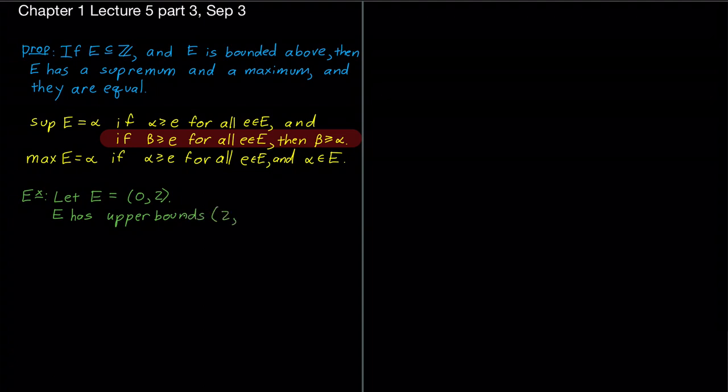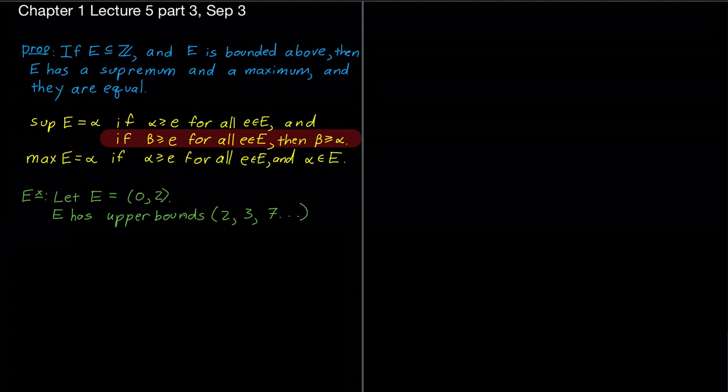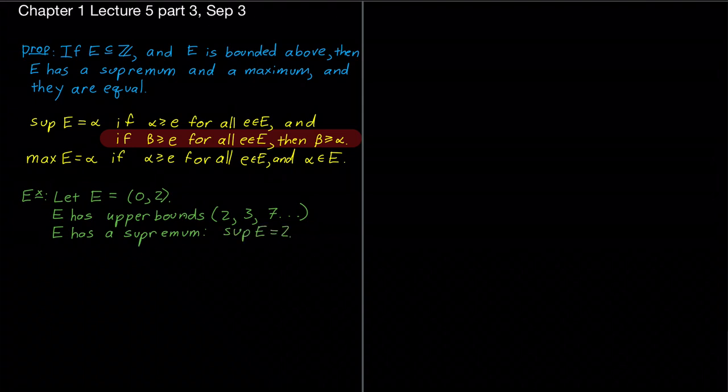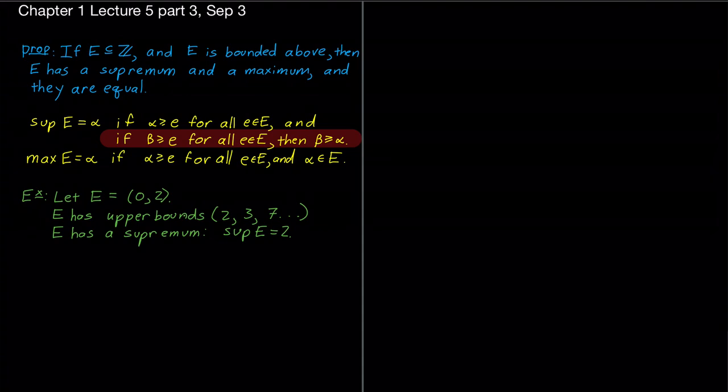So 2's an upper bound, 3's an upper bound, 7's an upper bound. E has a supremum. It should be pretty clear that the supremum of E is 2. 2 is bigger than everything in E, but for any number less than 2, you can find something that's bigger than it, but less than 2, that's also in E.